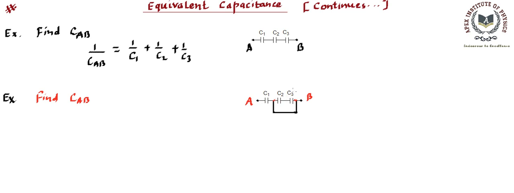C2 and C3 play no role in the circuit because they cannot store any charge, or we can say the charge stored in them is always 0. So from here we can say directly that this circuit is going to give CAB as C1, and there will be no role of C2 and C3.